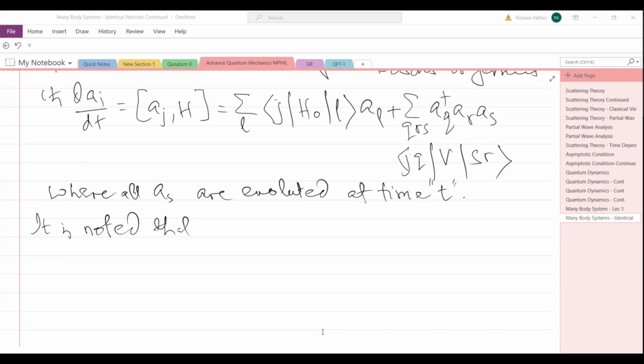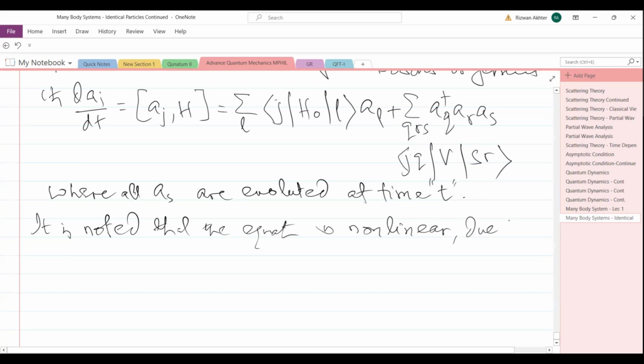Okay, so what we note above is that this equation is non-linear. Why? Because of the interaction term, due to the interactions.